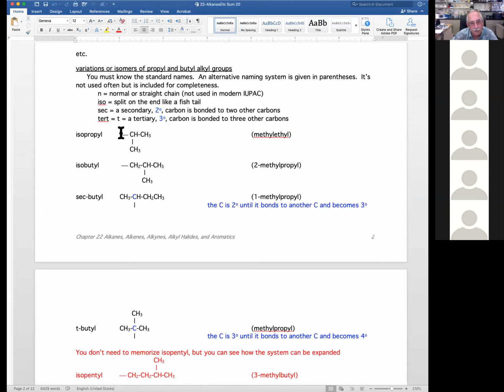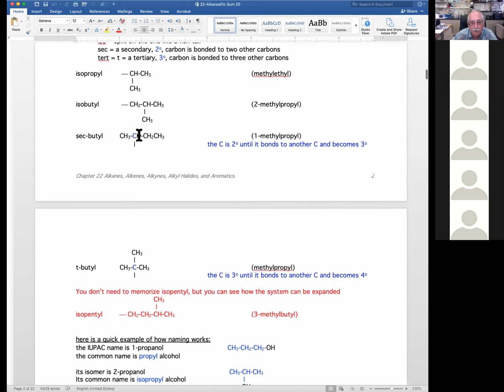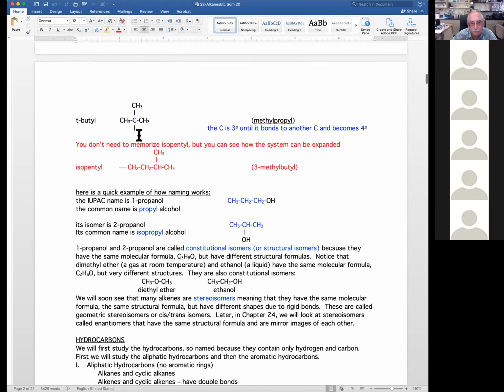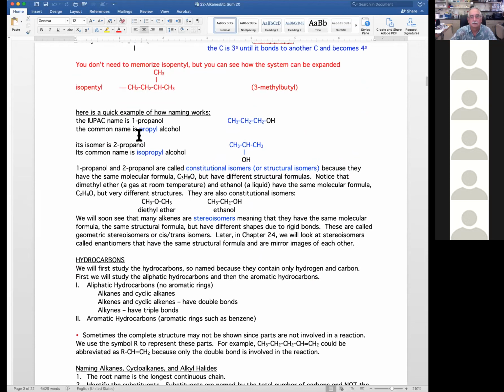So if I take this and put a hydrogen right here, it's simply propane. If I put an alcohol right here, it's 2-propanol, or isopropyl alcohol is the old-fashioned name. See how that works? We're going to see a lot more of this, but I just wanted to get you the general idea.